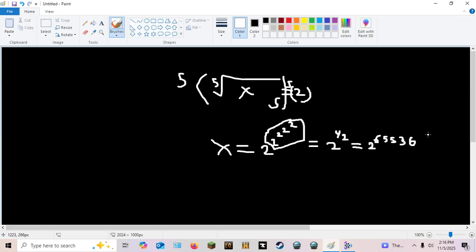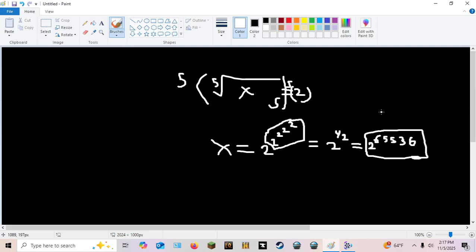Well, it's going to have a bunch of digits, we don't know the value, and it's going to take a very long time. I'm pretty sure calculators can't calculate this.